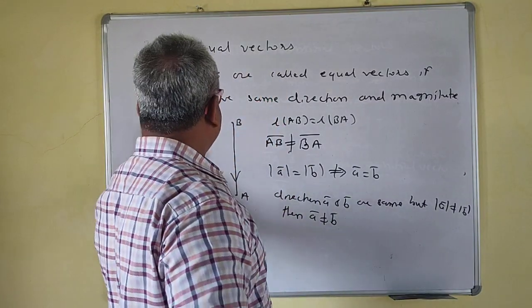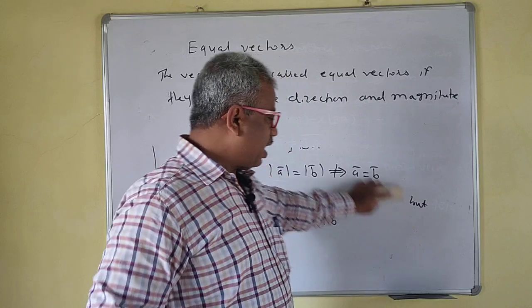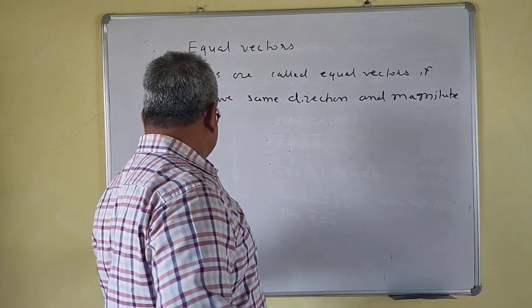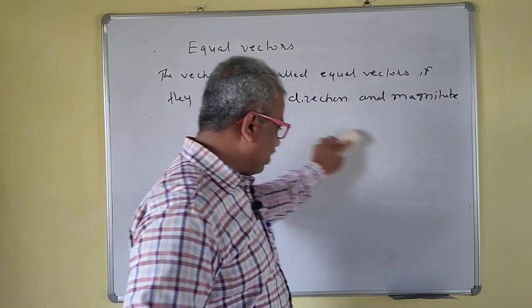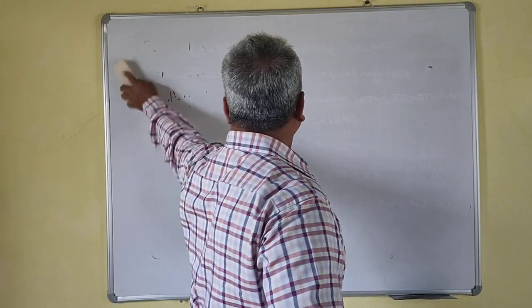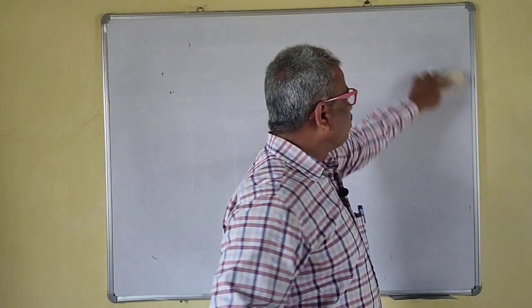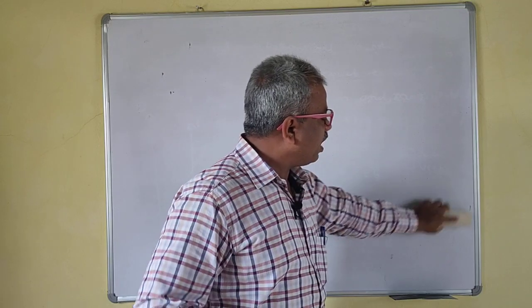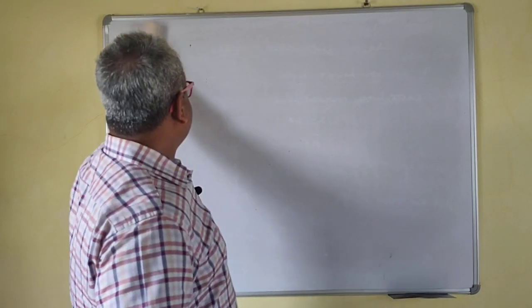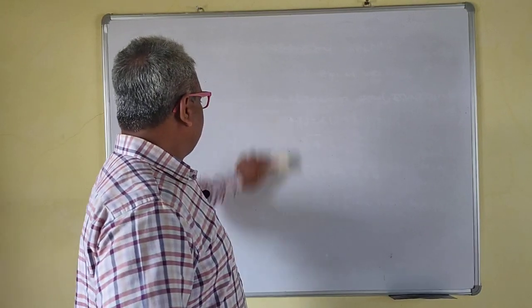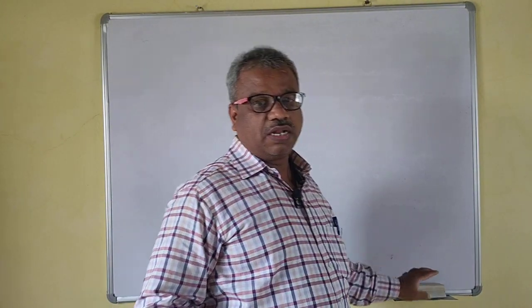So when we say two vectors are equal, both magnitude and direction should be same. There are some vectors with the same direction but different magnitude, and some with the same magnitude but different directions. Such vectors are not equal vectors. You have to take care of that.